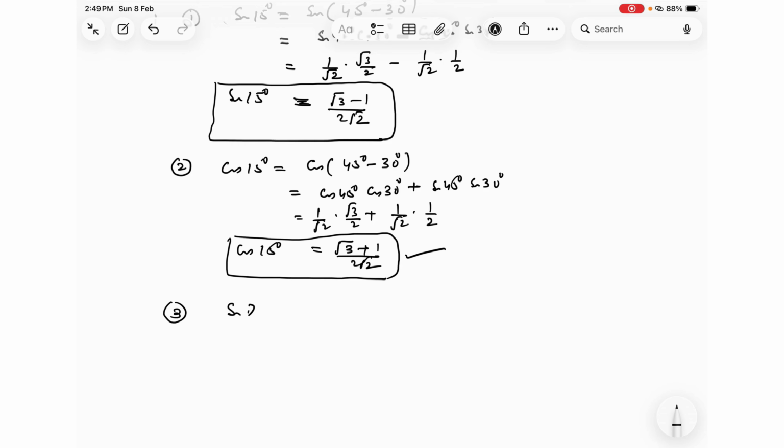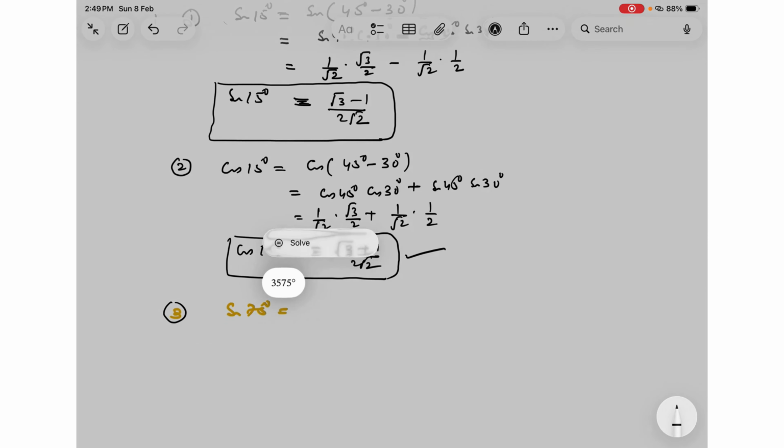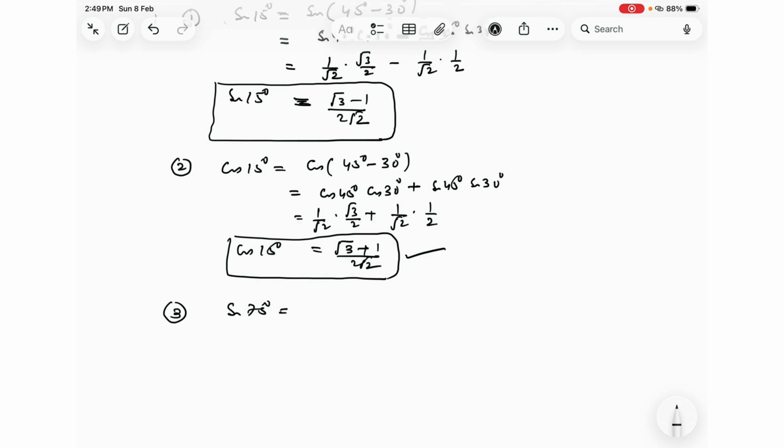Now coming to sine 75 degrees. Sine 75 degrees is always sine of 45 degrees plus 30. This is sine 45 cos 30 plus cos 45 sine 30. This is 1 by root 2 into root 3 by 2 plus 1 by root 2 into 1 by 2.